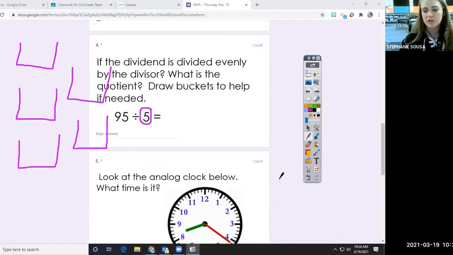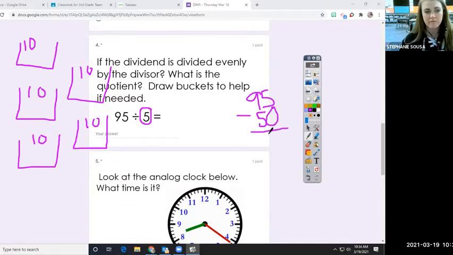I draw these buckets so I can understand that I can create larger groups. If I count by 5s, that's going to take me a super long time to get there. So I'm going to count by 10s first. 10, 20, 30, 40, 50. Okay, so I had 95. I just put 50 into the buckets. So I have 45 left.